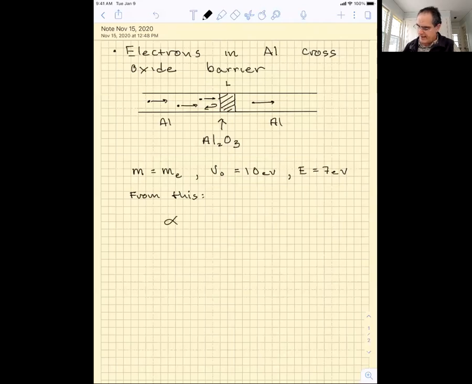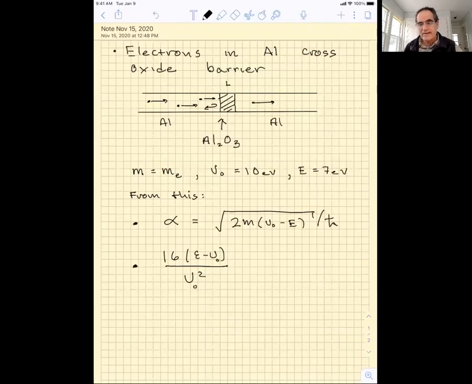First, alpha, which remember is the square root of 2 times m times (U naught minus E), divided by h bar. Secondly, we can calculate this factor, which we'll also need for our calculation. I'm going to let you calculate those and put up a reading question for you to give your answers.